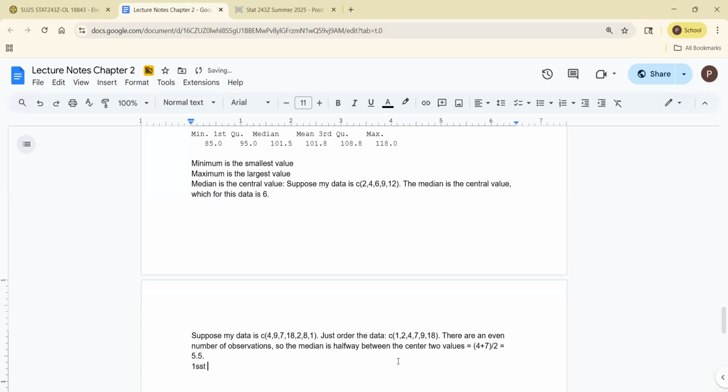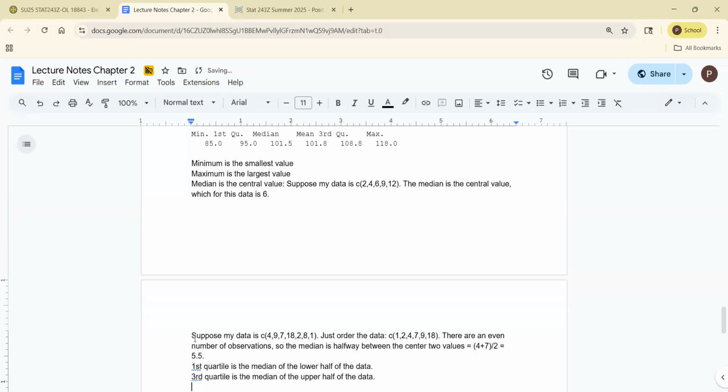The first quartile is the median of the lower half of the data. And the third quartile is the median of the upper half of the data.